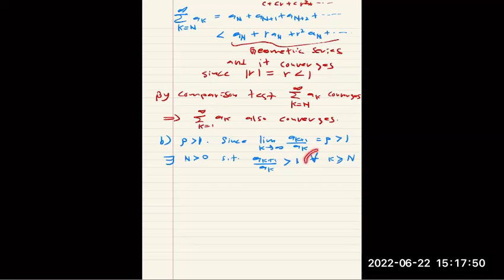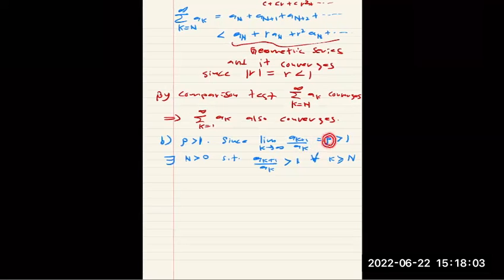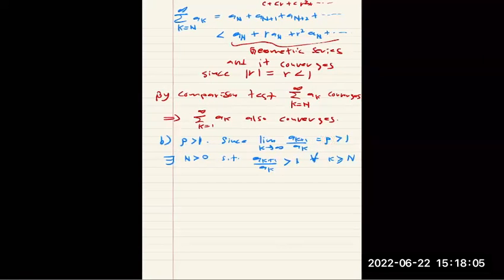Remember, this is the symbol to say for all. Okay, how is this possible? We know that this sequence approaches rho as k goes to infinity, but we know that rho is bigger than 1. Okay, here is the picture. Here is your value of rho, here is your value of 1, and we know that our sequence a_{k+1} over a_k is approaching this value.